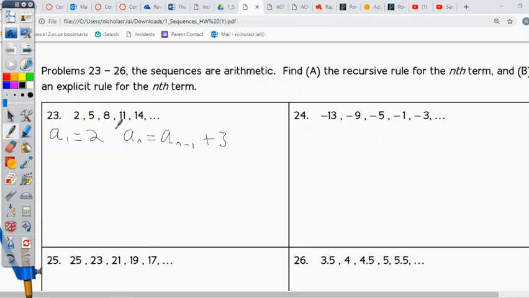So would it be 3n minus 1? Yeah, that's right. And would this equation work too, 2 plus parentheses n minus 1 times 3? That can work too.